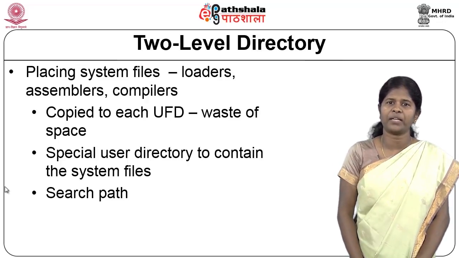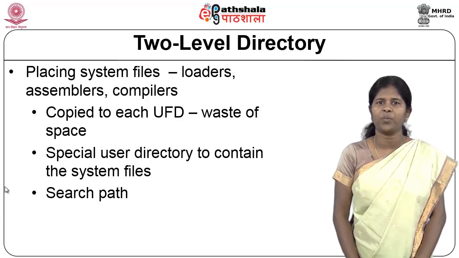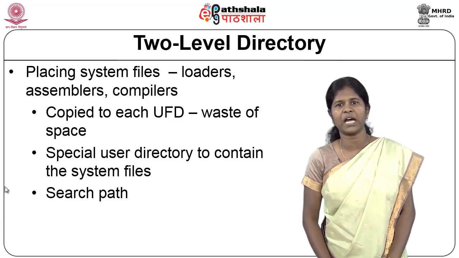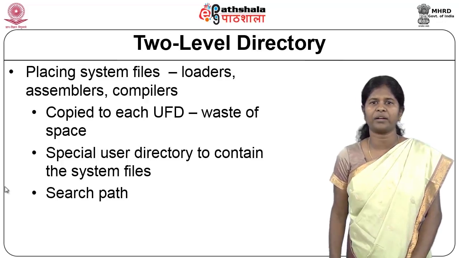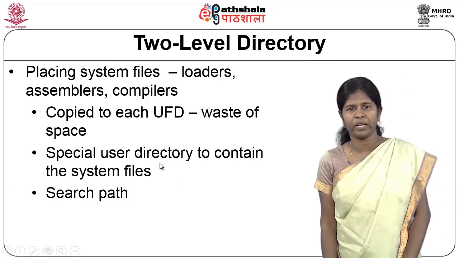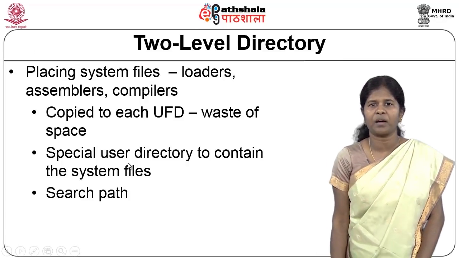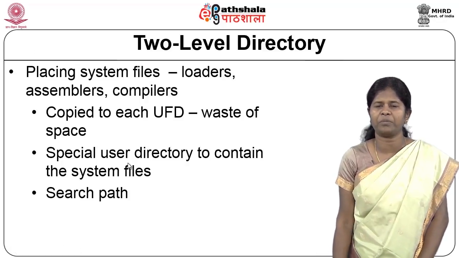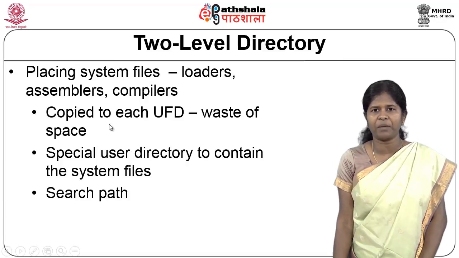So, the search path will have the path of a directory where the system can search for the other files which are not kept in the current directory. This kind of support is provided even in Unix and Windows, where a search path can be given, where a number of path names can be provided.